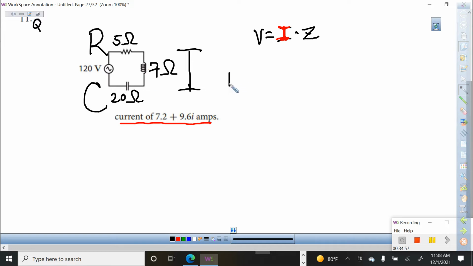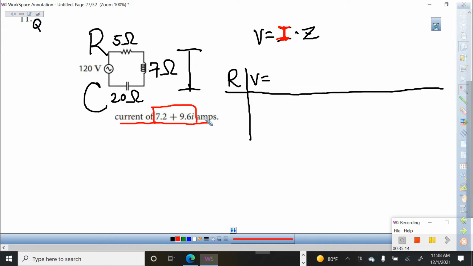So I'm going to write the letter R. And we're going to find the voltage. That means I'm going to use my formula. V equals I for current. What is the current? 7.2 plus 9.6i.